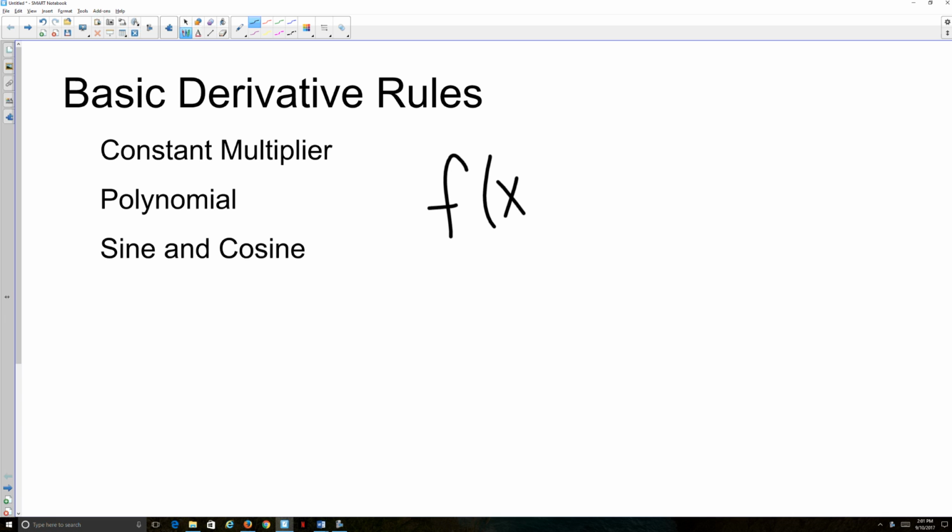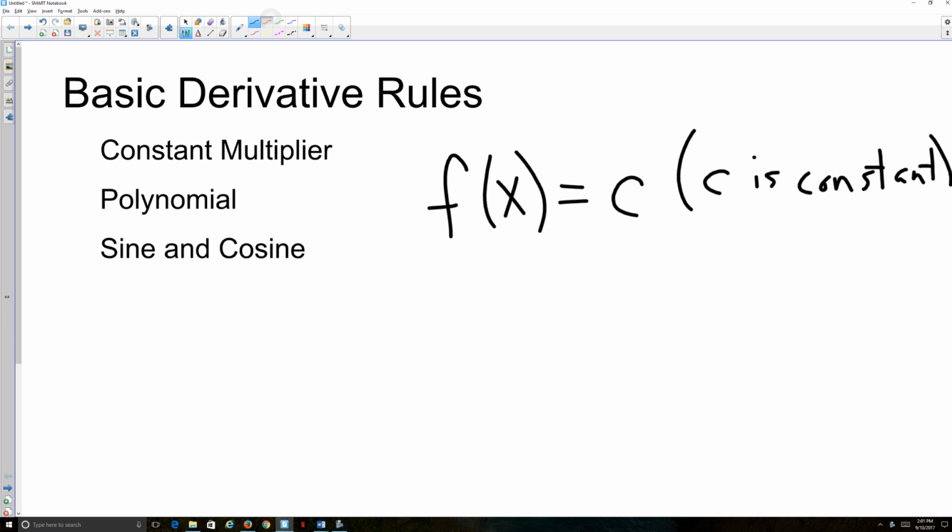a derivative? All right. So let's say we have f of x equals c, and c is any constant. Now keep in mind what this really is. This is the graph of y equals c, which we know to be a horizontal line.